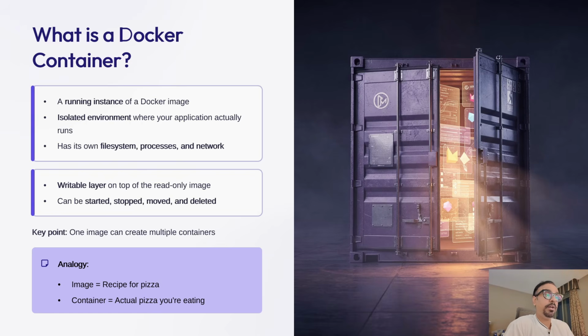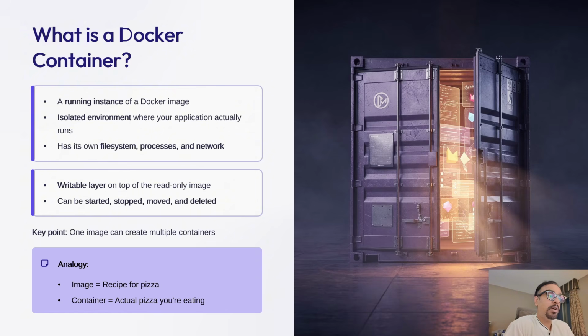Here's something important. While images are read-only, containers have a writable layer on top. This means when your application creates files or makes changes, those happen in the container's writable layer, not in the original image. You can start, stop, restart, move, and delete containers freely.